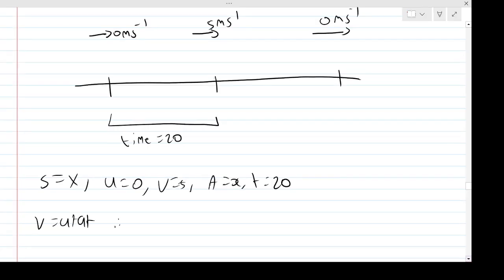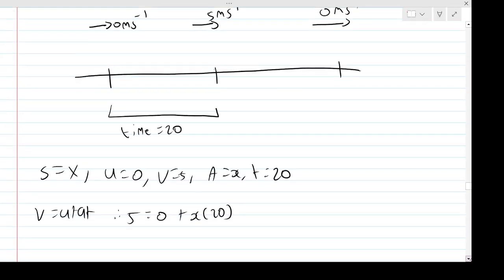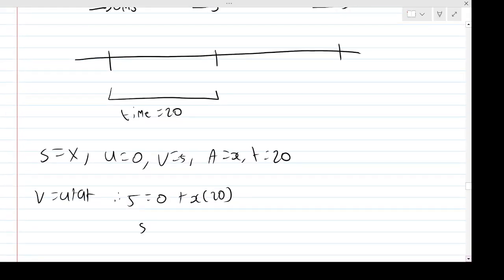So therefore v is 5, which is going to be 0 for u, add x lots of 20. If I solve for x, I get 5 is 20x. So therefore x is 5 over 20, which would be a quarter or 0.25 meters per second squared. Okay, so there we are, that's x.